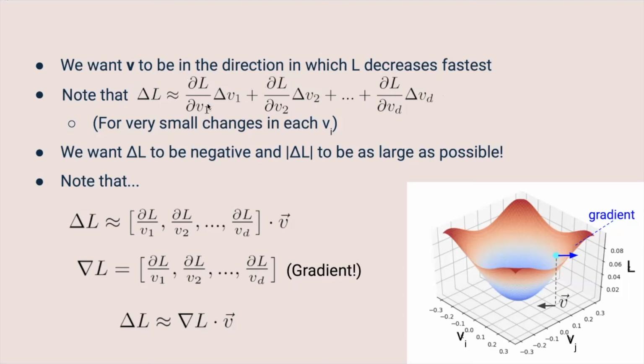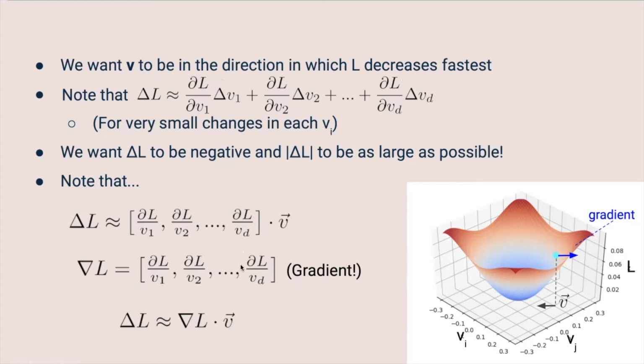The sum of these small changes in v_i will give you the total change in the loss. So if we want L to be decreasing the fastest, then delta L has to be very large and negative.